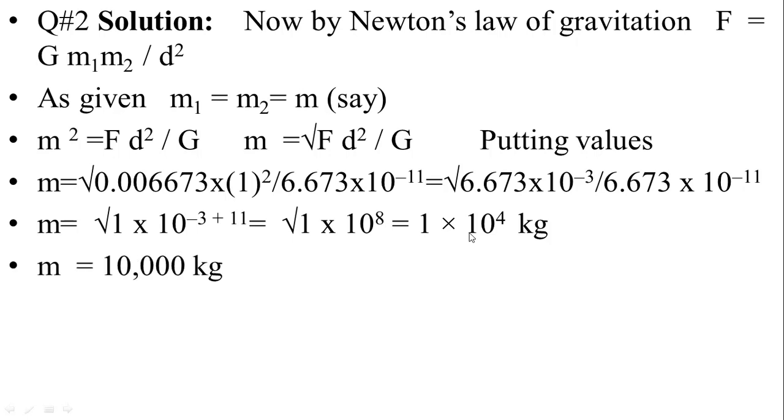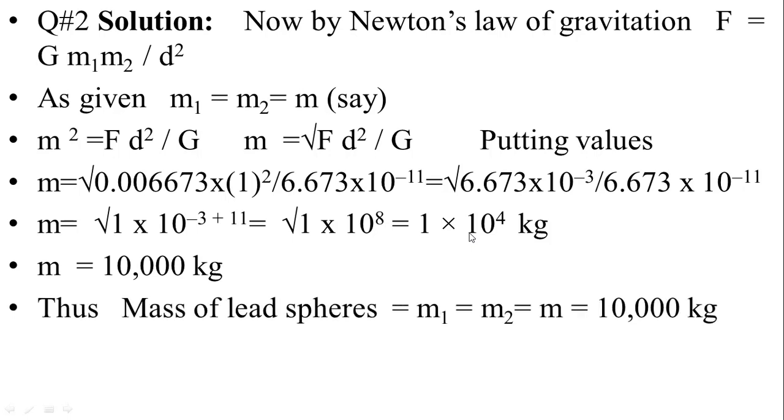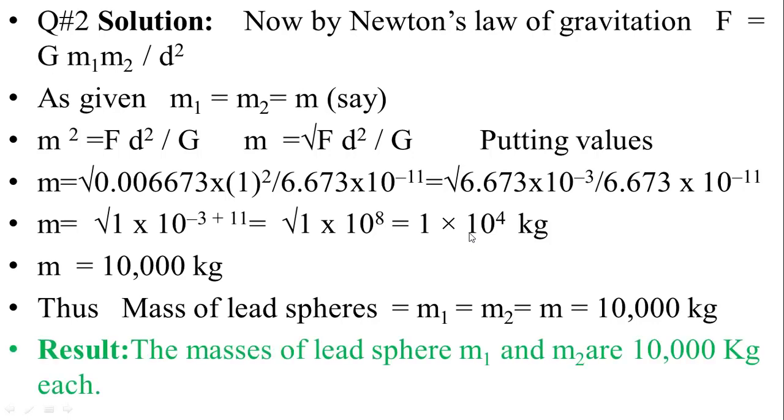The final answer m is equal to 10,000 kg. Thus, the mass of spheres m1, m2 is equal to m is equal to 10,000 kg. Result: the masses of spheres m1 and m2 are each 10,000 kg.